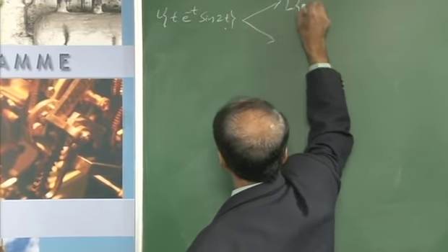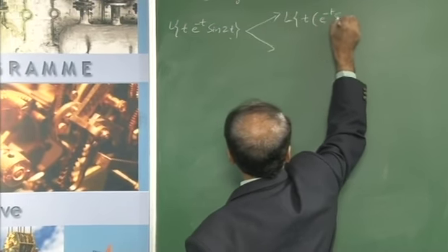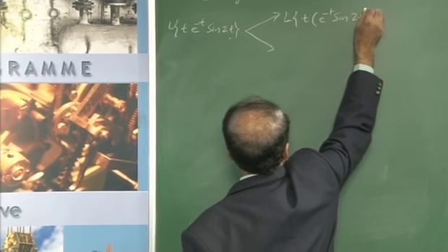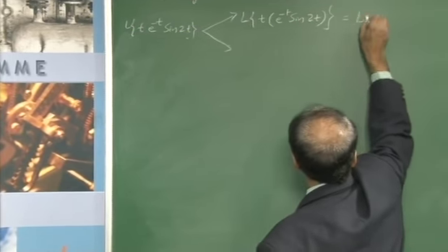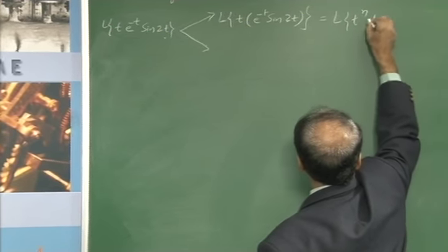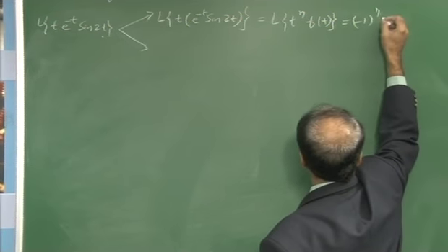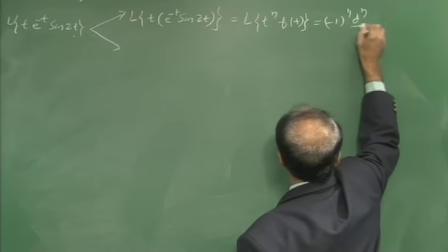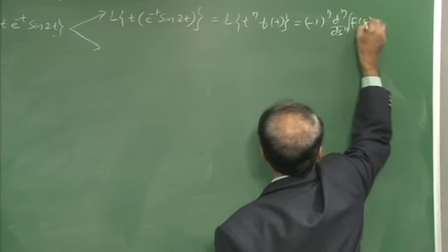One is L of t into e to the power minus t into sine 2t as it is, and this can be compared with L of t to the power n and f of t, and this will be minus 1 to the power n, d n divided by d s n of f of s.